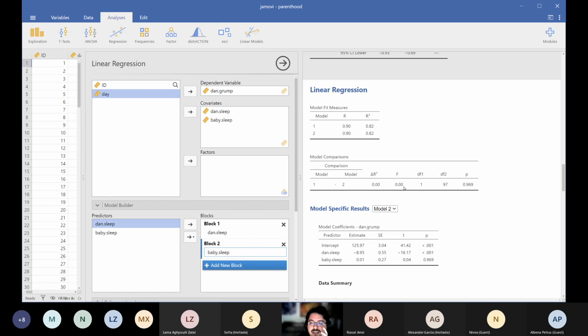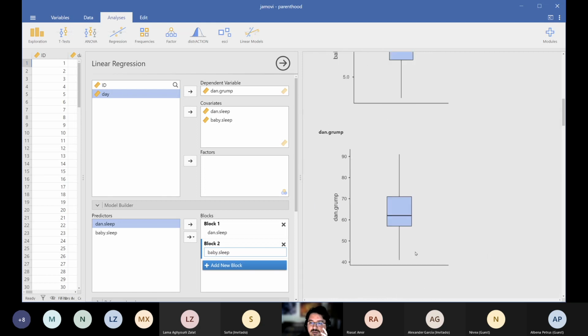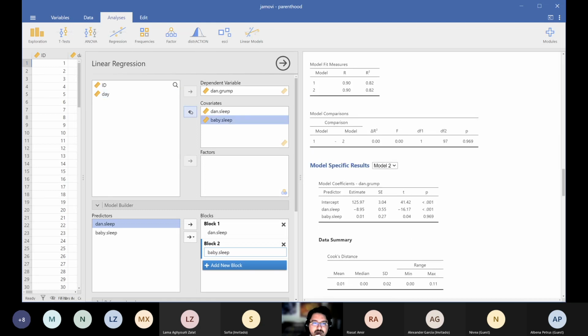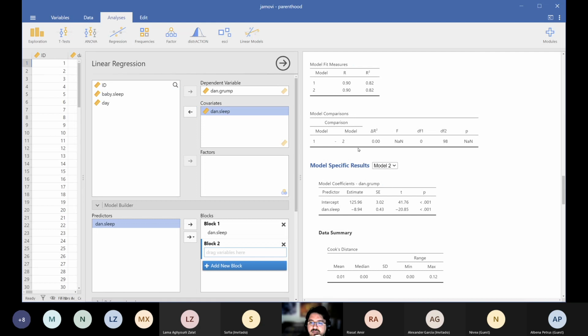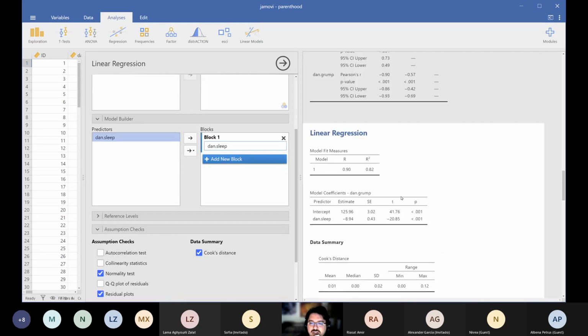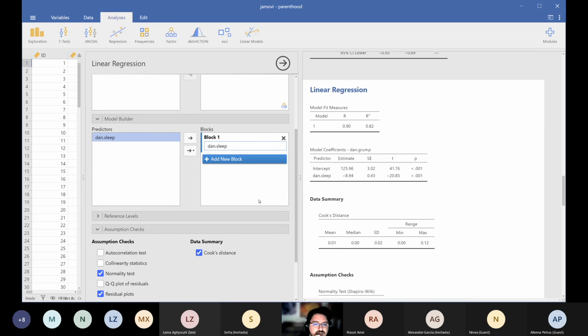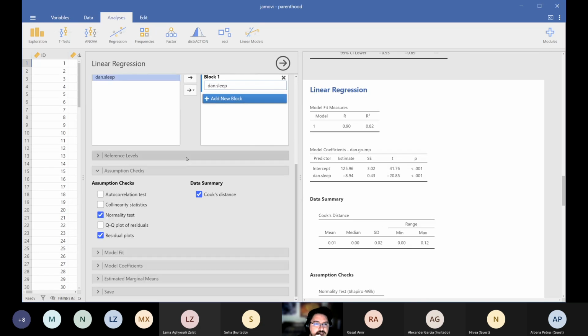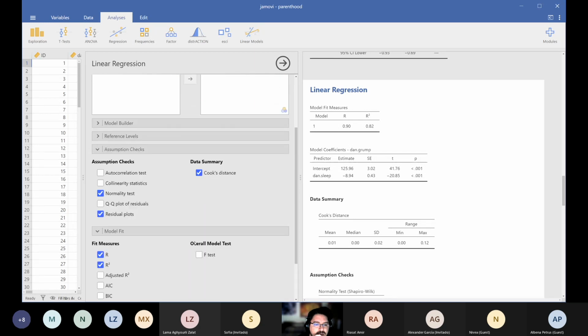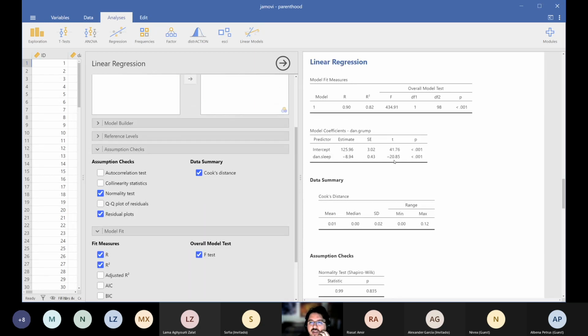This is not a good example to look at it, so let me remove this. So the number here is irrelevant.